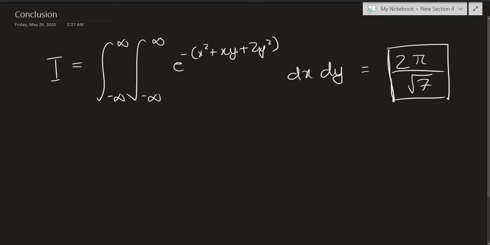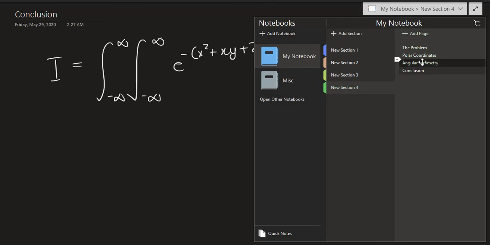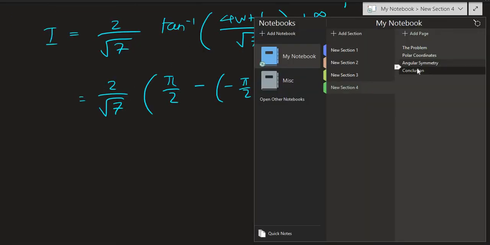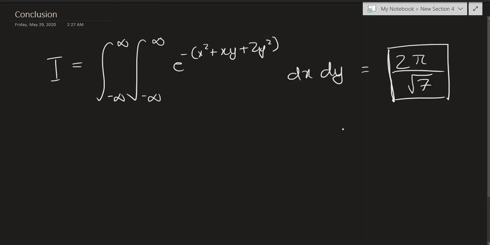Just we have these extra mixed terms like xy and 2y squared here. So it's a pretty neat result given the amount of calculation that we had to perform on this.